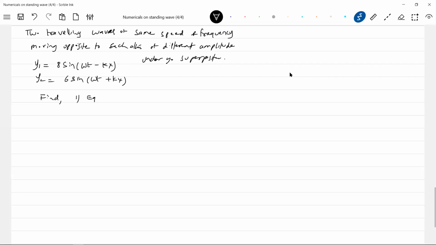First one, the equation for the resultant wave.